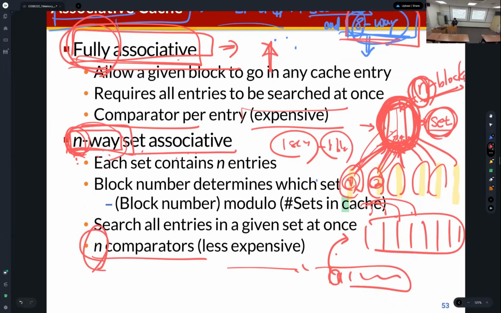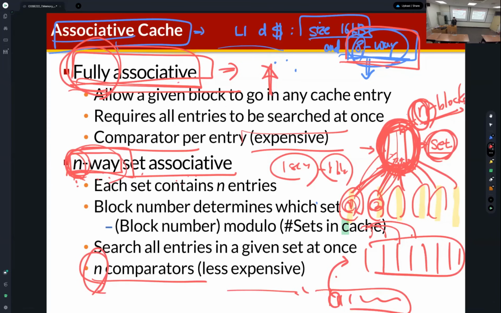So usually commodity CPUs do not employ direct mapped cache because of this problem. Direct mapped cache exhibits a higher miss rate.